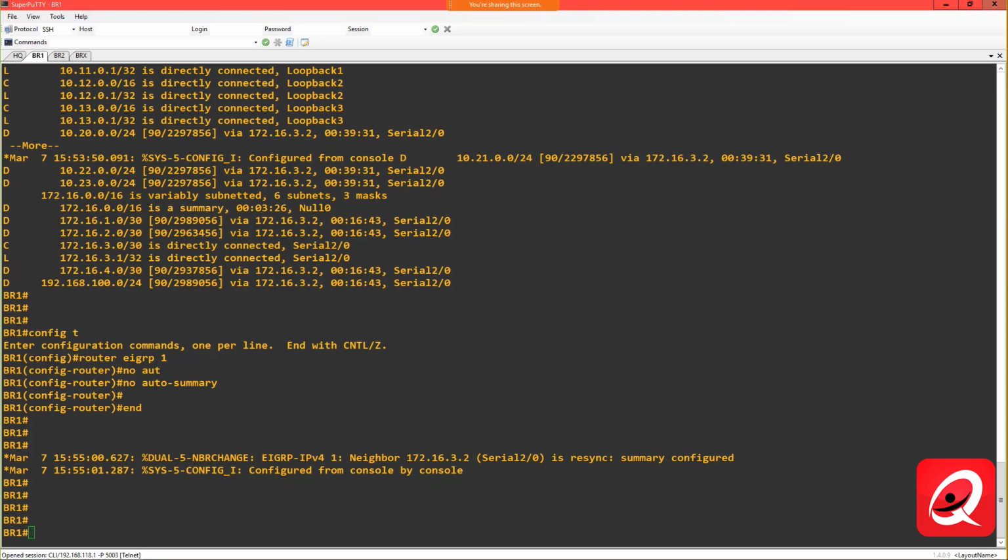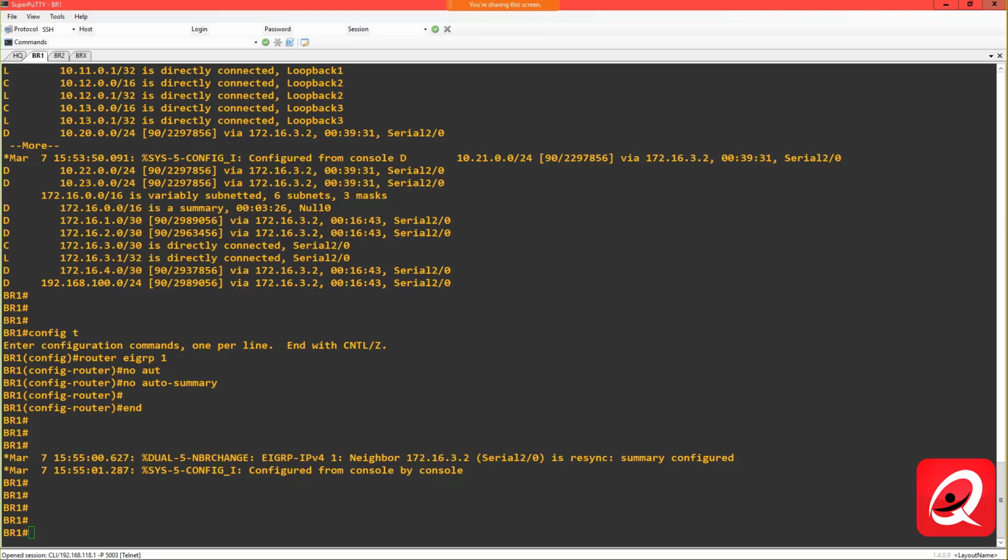Whereas in OSPF and ISIS, these are hierarchical protocols, so you cannot summarize within a specific area. Now, ISIS is slightly different than OSPF with regard to how it creates a backbone area, but it still creates non-backbone areas in a similar fashion. And you can only summarize on type 1, 2 routers or an ABR or an ASBR in OSPF. And we'll see that later on when we get into those protocols.